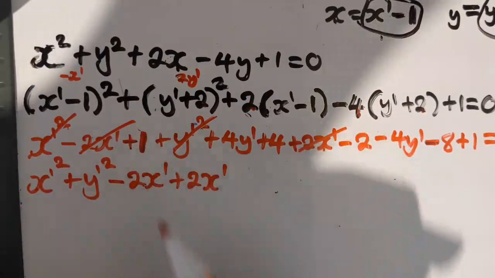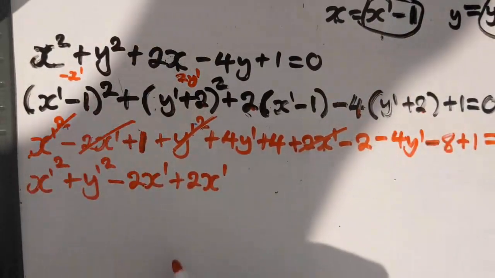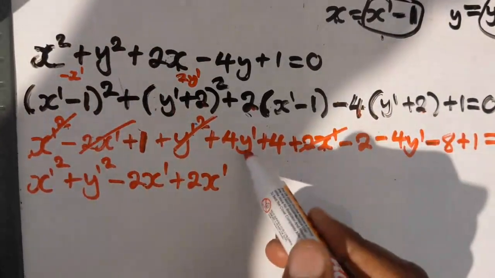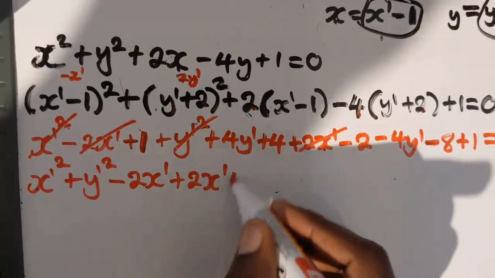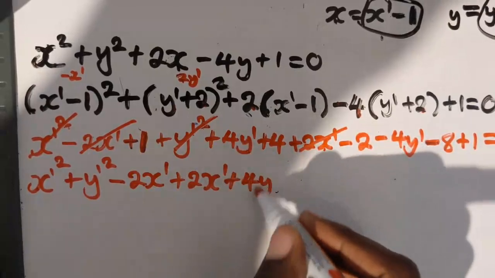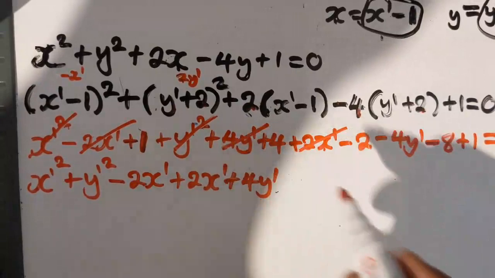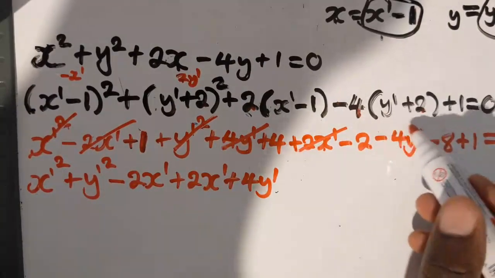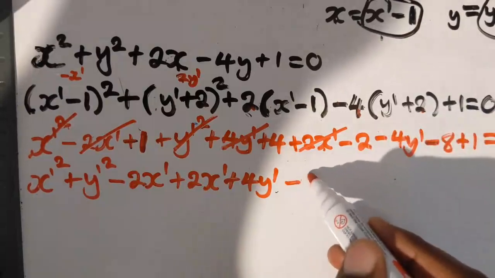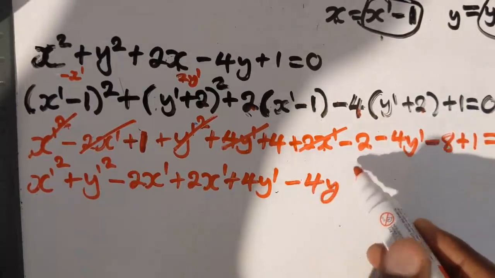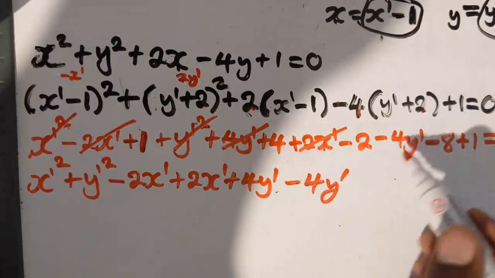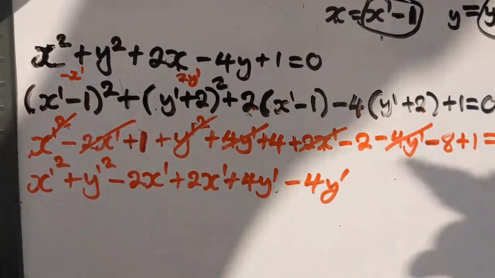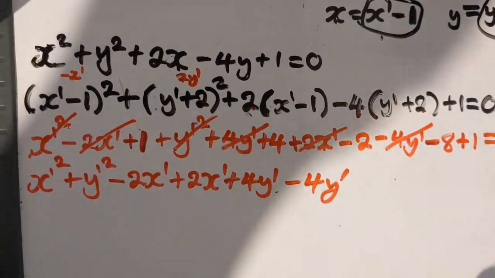There is one here, but what you are looking for are those ones with y prime. So there is this one, there is plus 4y prime. So we have gotten this. Where is the other one? We have this one. This is negative 4y prime. Okay, I'm just doing this so that you should be able to understand and to know where I'm going.